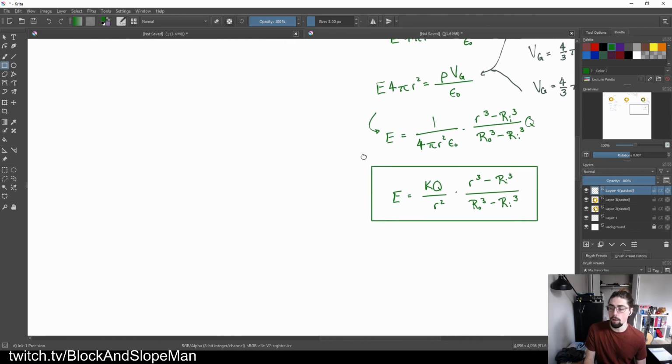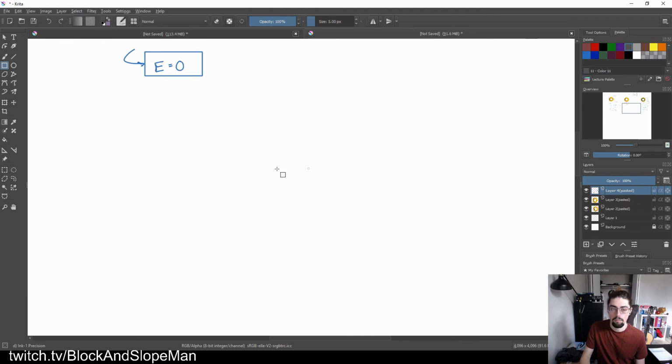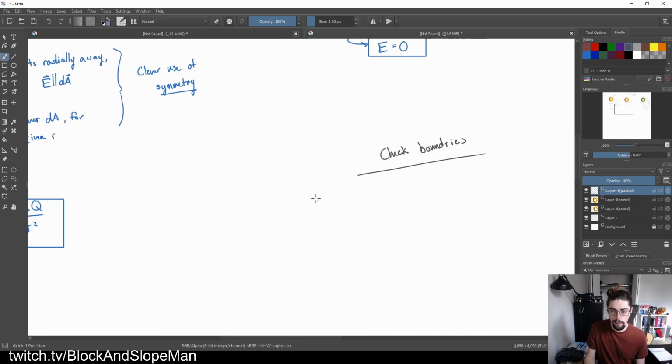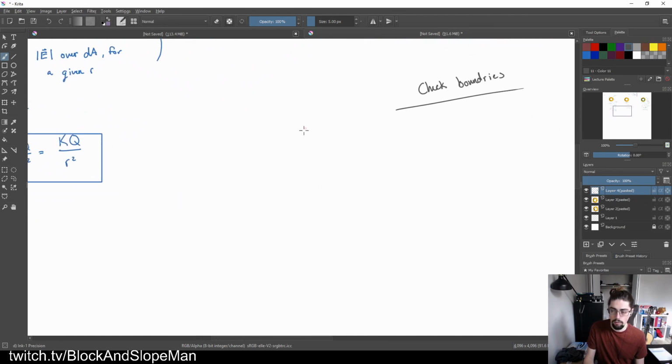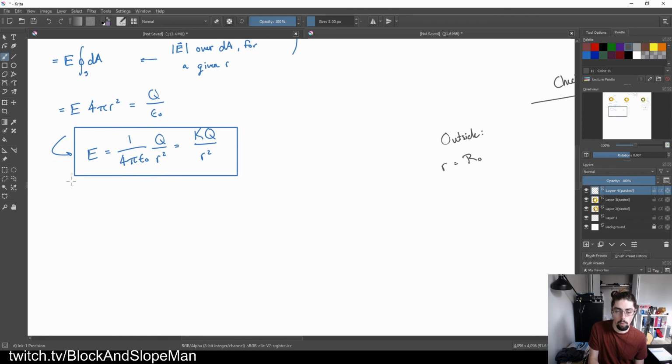So one more thing that we might want to do is check these boundaries. If we're checking the boundaries, we might look at the outside, right? That is when little r is equal to the outside surface of my sphere. If I plug in what I see over here, this becomes, whoops, r naught squared.